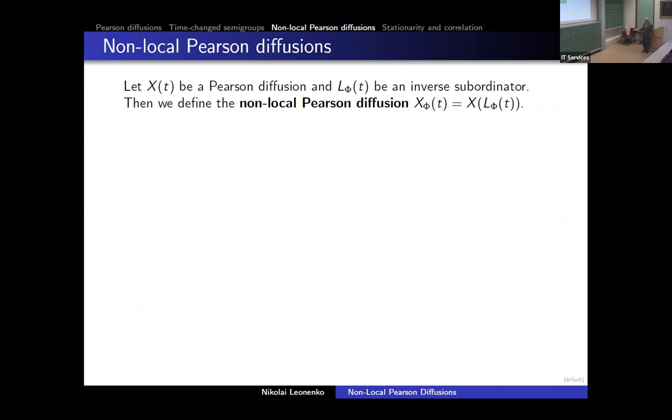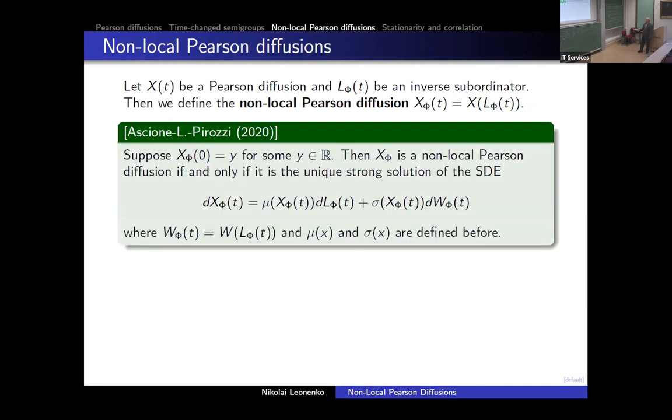So that's our definition of non-local Pearson diffusion. We have a classical Markovian diffusion, and then we substitute an inverse subordinator of general form L phi of t, which is not necessarily alpha-stable, but more general. It means that we have to consider a unique strong solution of such a stochastic differential equation, in which time is changed into the inverse subordinator, and here again time is changed into the inverse subordinator.